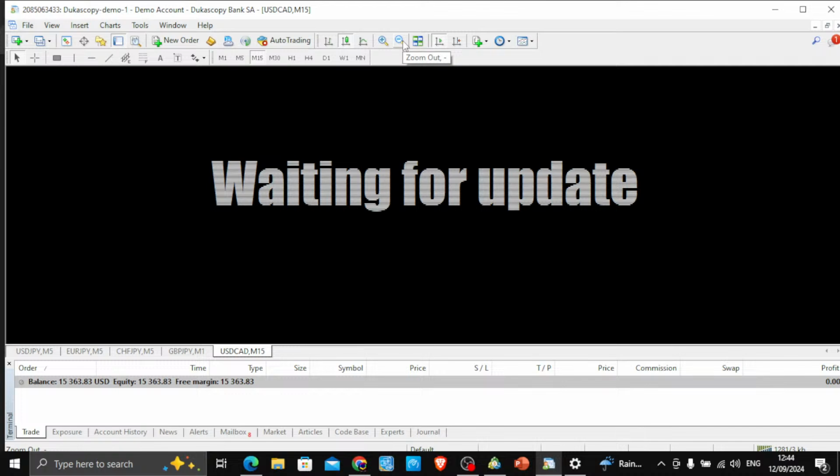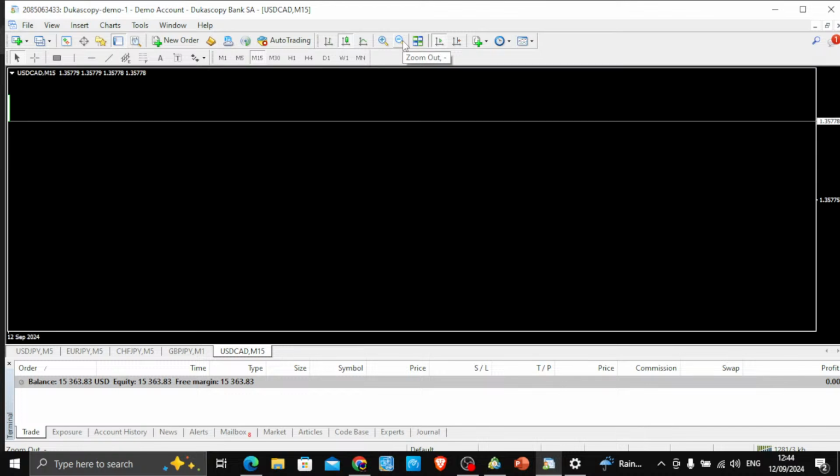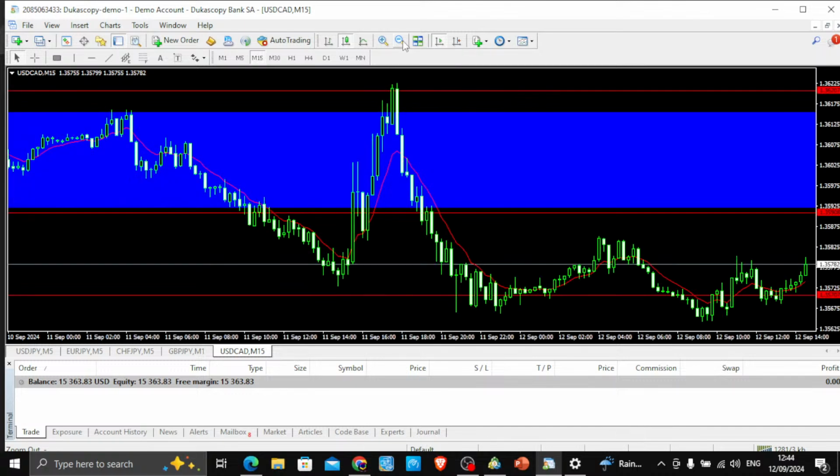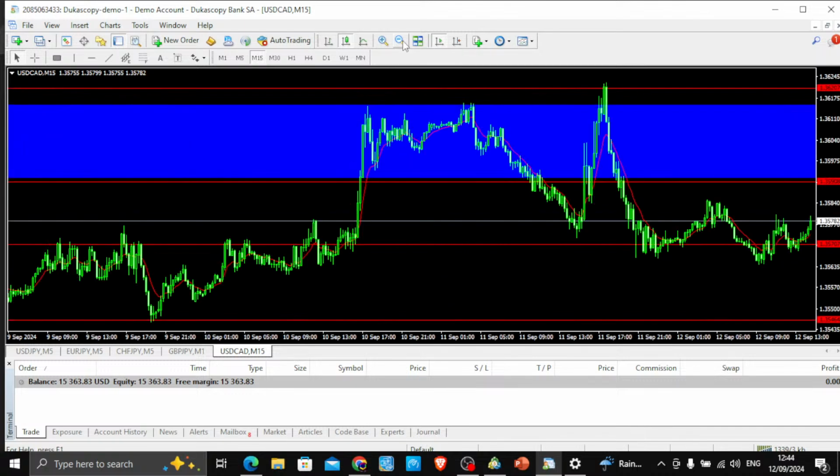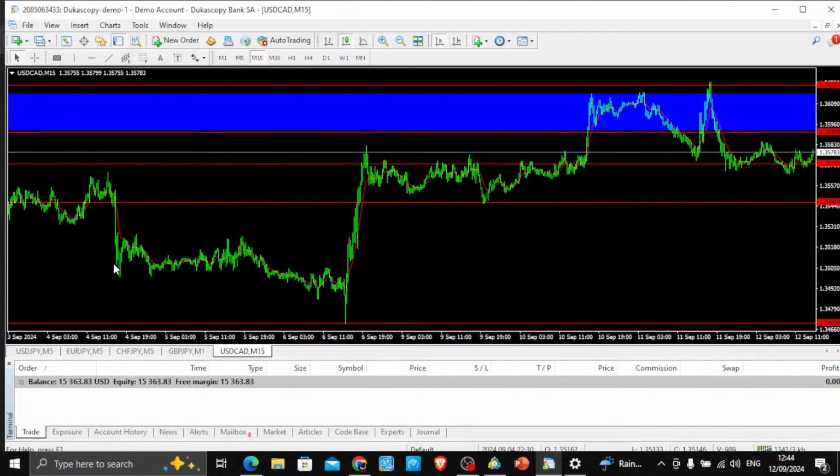If you go to 15 minutes, my internet is not on that. Okay. This is 15 minutes. Based on 15 minutes, look at it from here. It took out the previous high. It came down. Then this high now is also higher than the previous high.